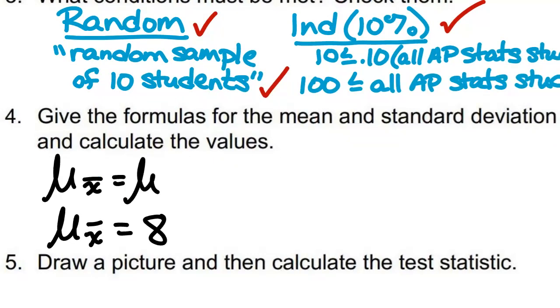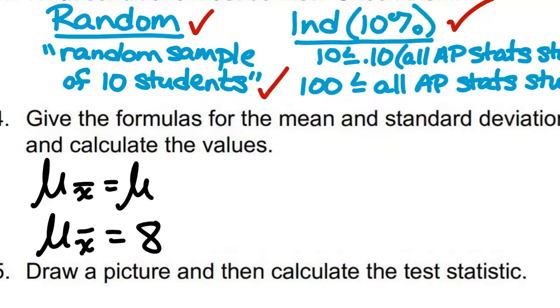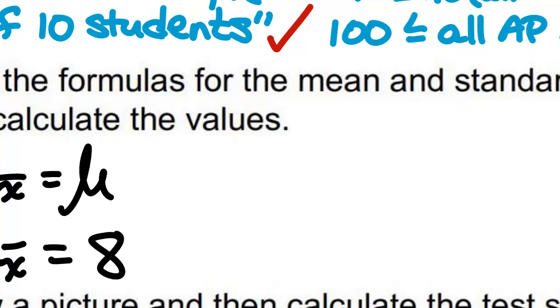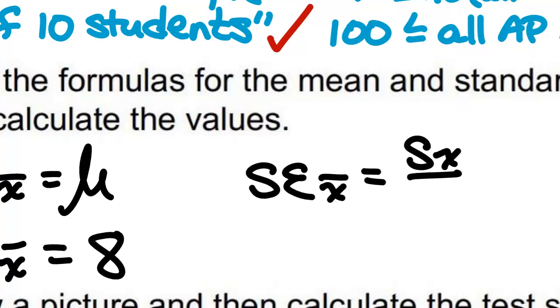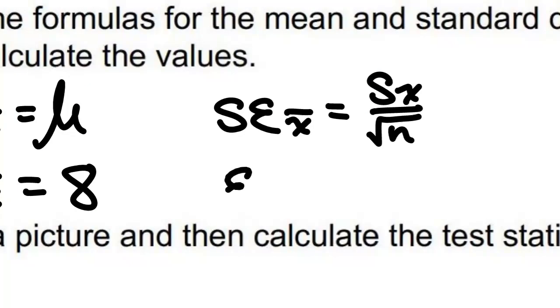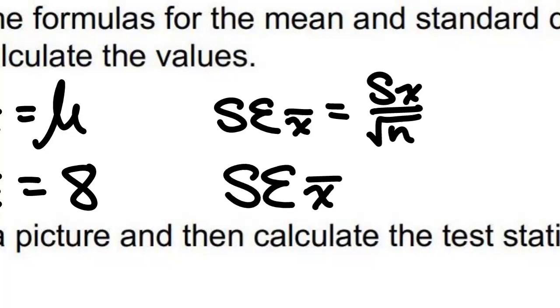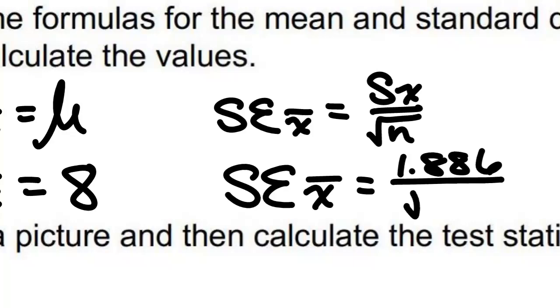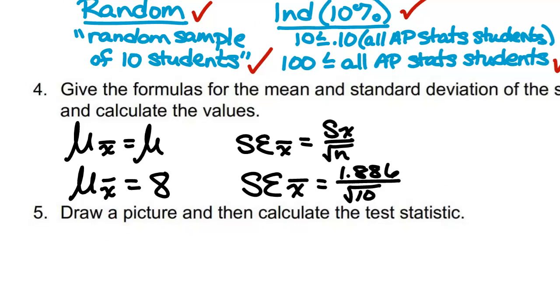How do we calculate the standard deviation of the sampling distribution? SE of X bar is equal to SX over the square root of n. What was our SX? 1.886 divided by square root of 10.